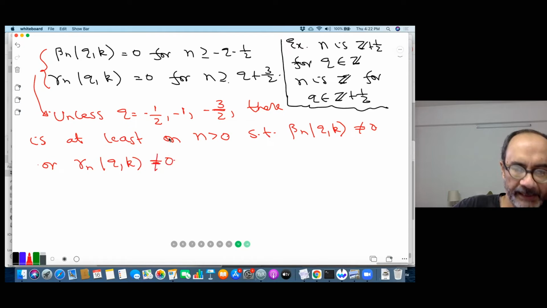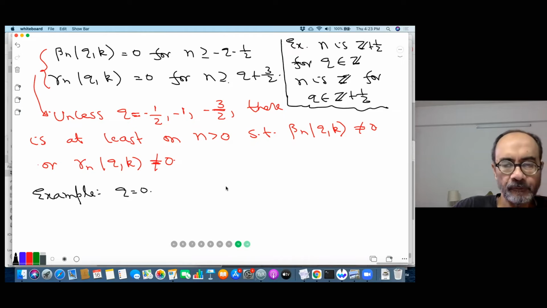Okay, this is best checked by examining this formula carefully, but I'll just give an example. Suppose you take Q equal to 0.